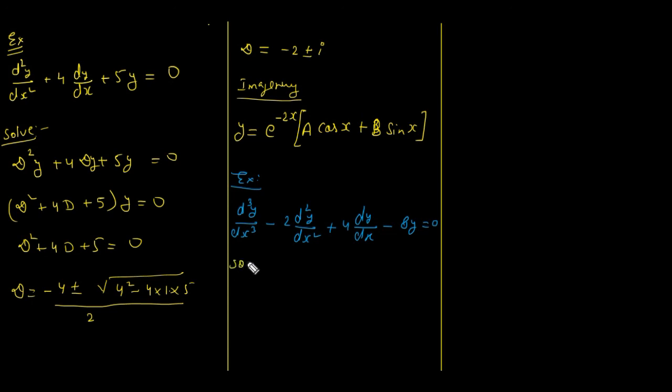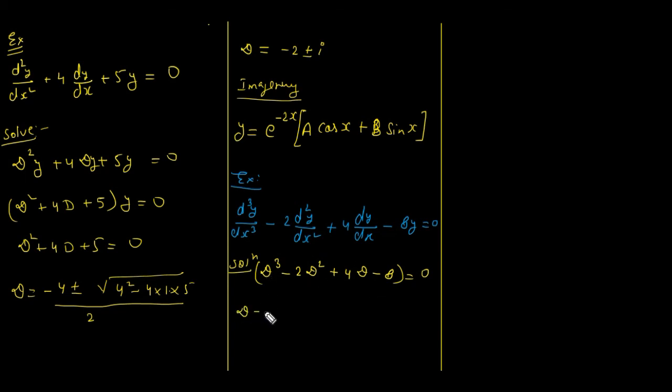So we have to solve this. It will be D cube minus 2D square plus 4D minus 8 is equal to 0. If we put D equal to 2, it will satisfy the equation.